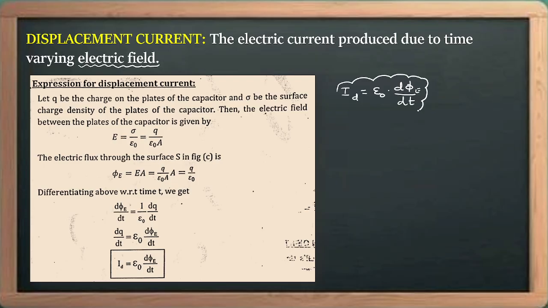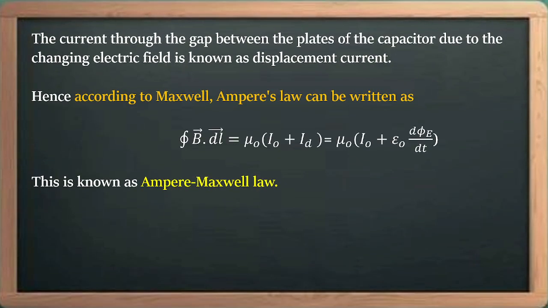You can understand why we need to consider the displacement current by going through the NCERT syllabus. Here I'm just giving you the formula. The modified Ampere circuital law is given here, called Maxwell's Ampere's law or Ampere Maxwell law. Here we have the conventional current along with the displacement current. You can write IC also.